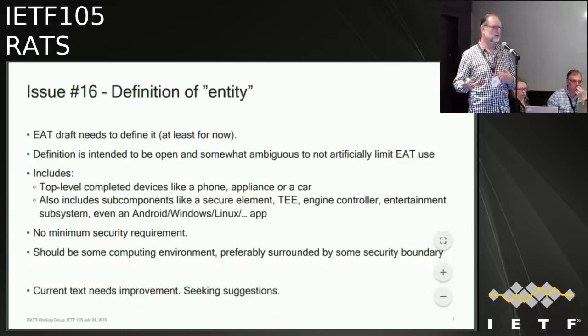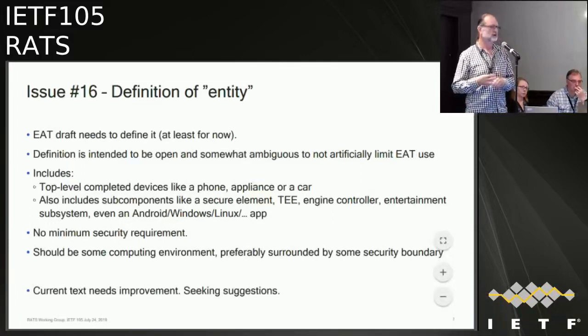I'm not that happy with the current text. Basically, I'm seeking suggestions and advice to find my way to do a little better job of describing that. One other comment I do have about that is I did look around a little bit to see who else uses the term entity. X.1252 defines it as something very broad.